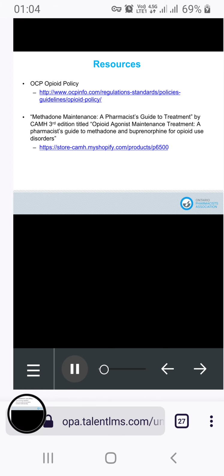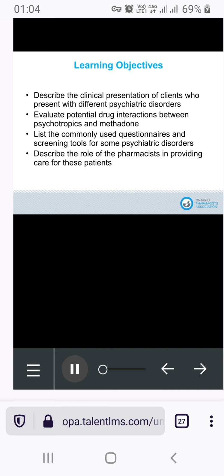Resource is the OCP, Methadone Maintenance, a Pharmacist Guide to Treatment by CAMH, 3rd edition, titled Opioid Agonist Maintenance. Part 2, Psychiatric.